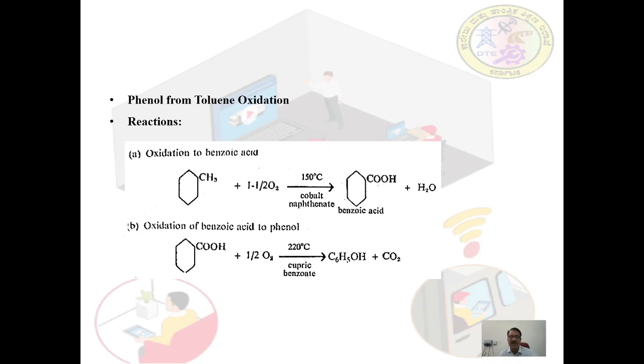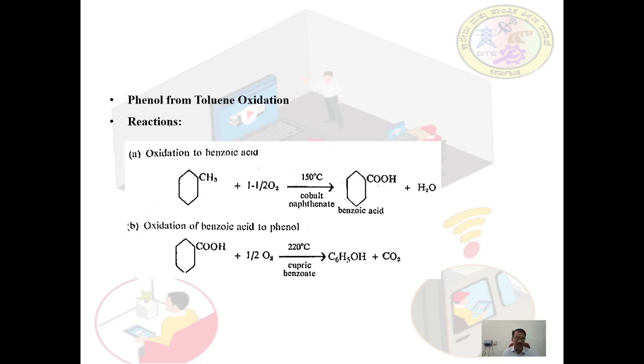So toluene oxidizes to benzoic acid and water. This benzoic acid is further oxidized to phenol in presence of limited oxygen at a temperature of 220 degrees Celsius and cuprous benzoate catalyst.